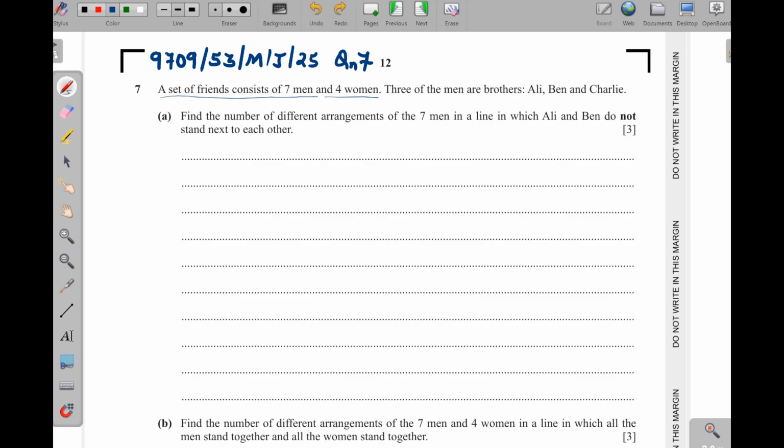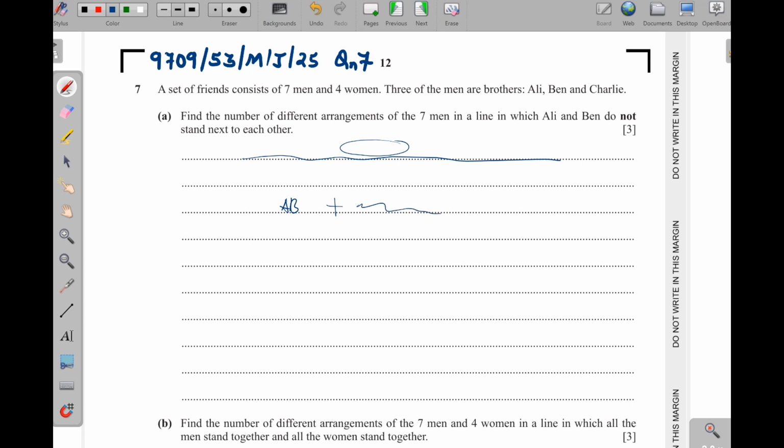Okay, now when we are arranging these people, we can see that there are two possibilities: Ali and Ben standing next to each other, and also when they are not standing next to each other. But if I consider without any restriction, in that no restriction, I can have Ben and Ali standing next to each other, also plus when they are not standing next to each other.